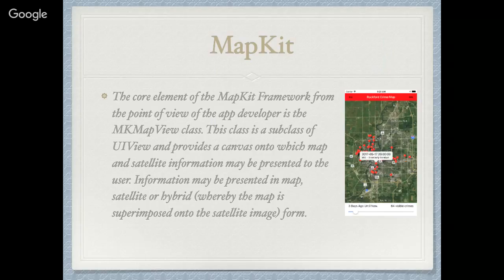And then information may also be presented on the map, like an example, geolocation, so your location coordinates of where you're located, which we'll go over and talk about what that's all about.